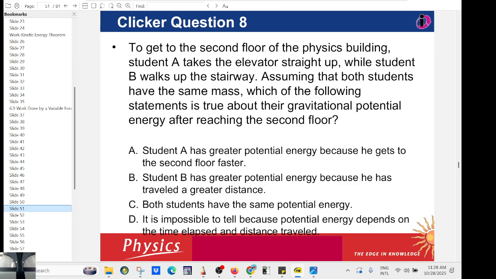Now, what will be different between them? The work done against gravity will be the same. What is not the same, of course, if you take the elevator, is the time, very good, the time, which means power.